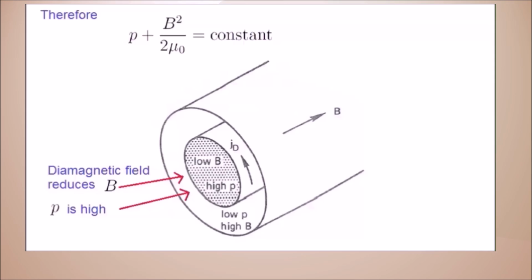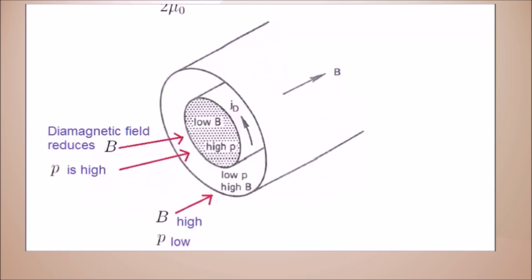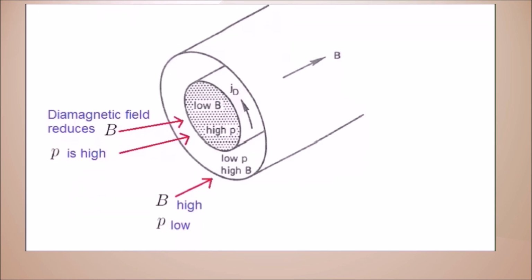So if there's a low magnetic field at the center, there must be a high particle pressure P at that point. However, if we now move out towards the edge of the plasma, where the diamagnetic effects aren't as strong, so the magnetic field becomes higher, that means now the particle pressure P must be lower to maintain the constant sum of particle and magnetic field pressures.